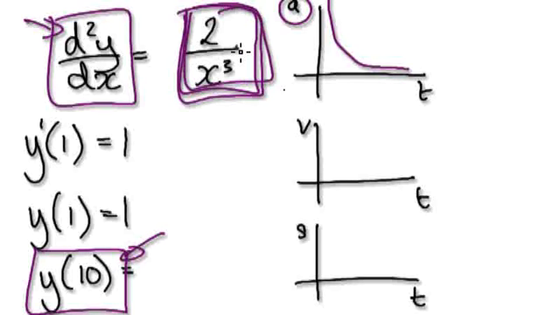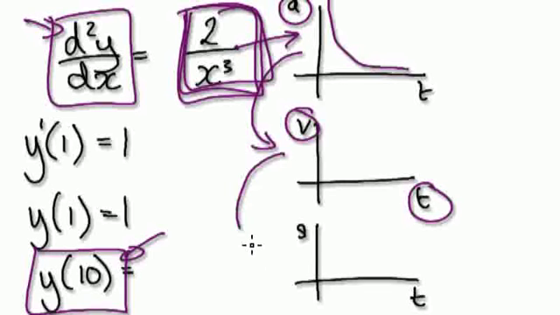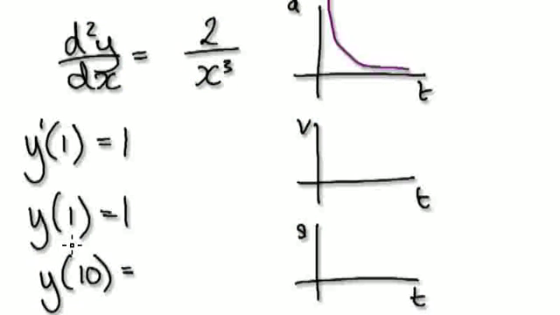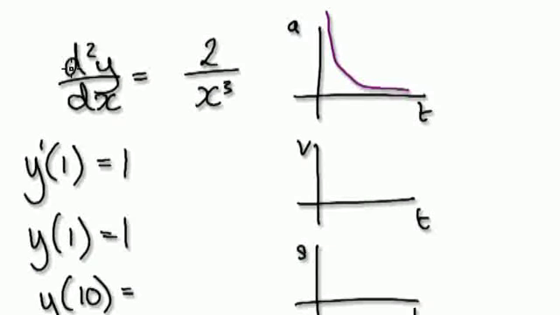Given the acceleration, what you do is you integrate it to get the velocity-time, and then you integrate it again to get your displacement-time, and your displacement in a way is like y. So imagine this thing here as being your acceleration.